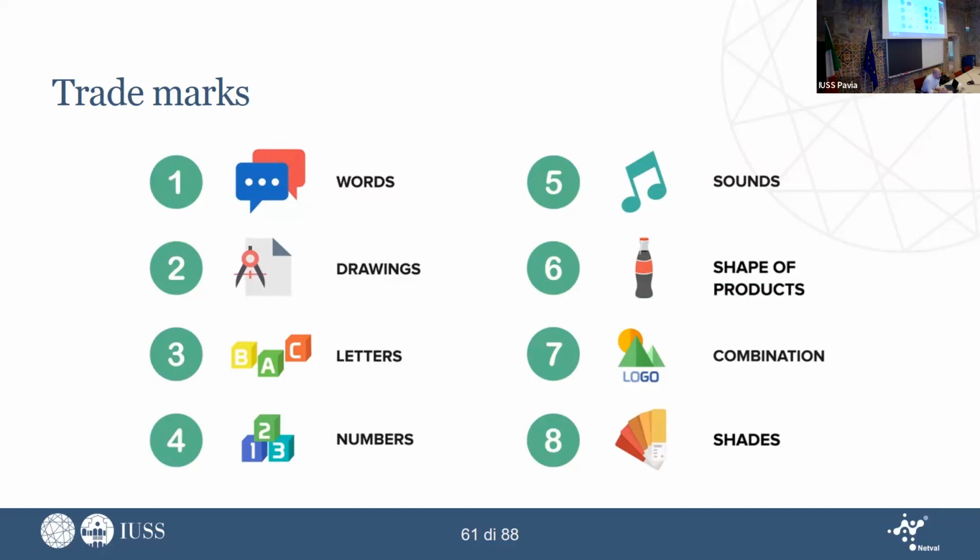The design of the bottle is a protected design, but also the shape of the bottle is a protected trademark. So when you see the Coca-Cola spot on TV, the advertising on television, you can see they draw the shape of the bottle with the Coca-Cola logo, because the shape of the bottle is a trademark of the Coca-Cola company. But also a sound, for example, a shade.